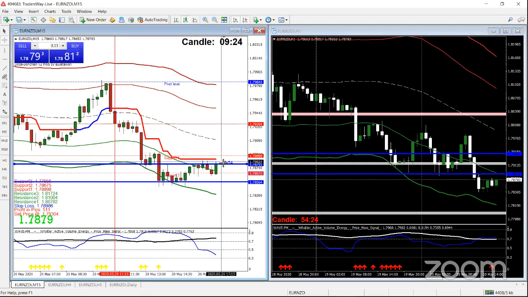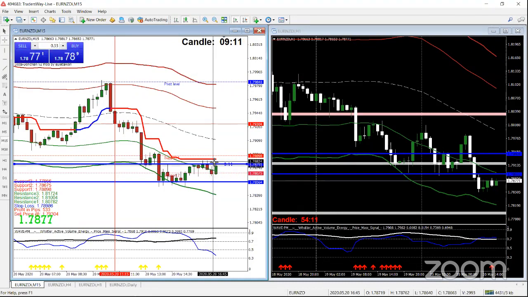All right, now you're down to a 7 pip risk. If you take the position here to sell and short, your stop needs to be right above it.